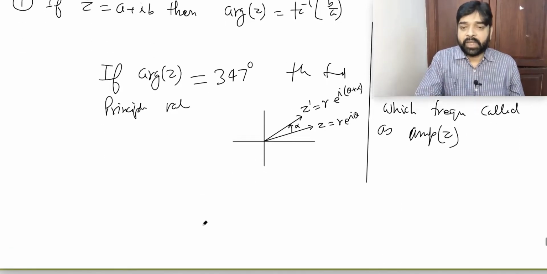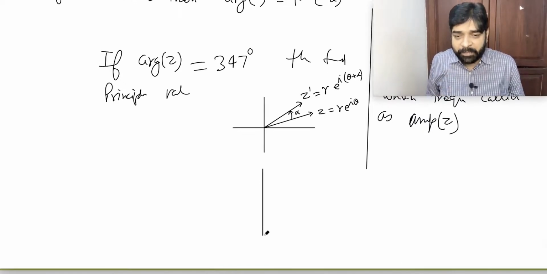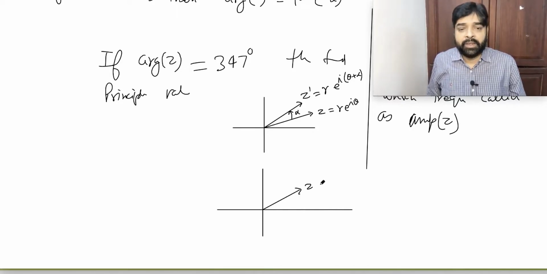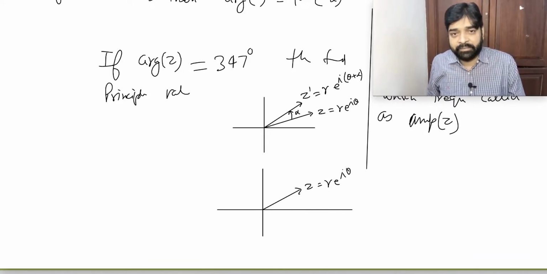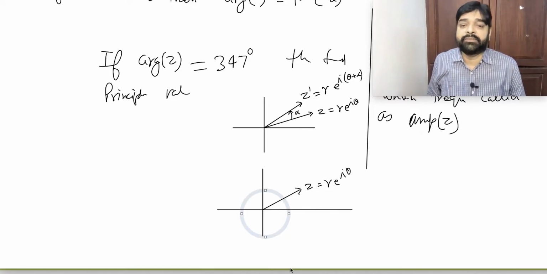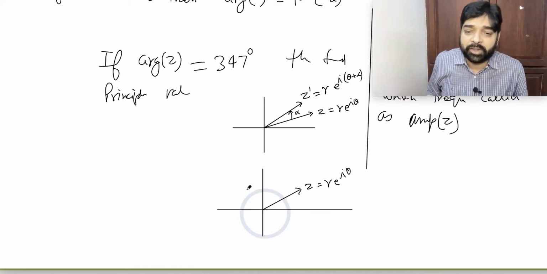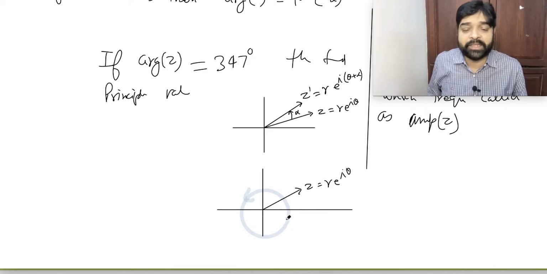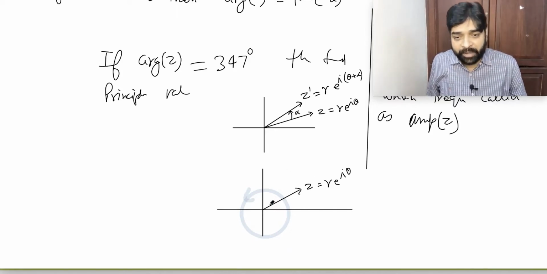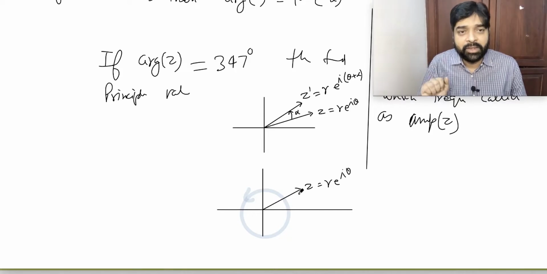Now, if I say any complex number is there, this is z, r into e power i theta. If I say rotate it by 360 degree in the clockwise direction, or by 360 degree in the anti-clockwise direction, I will get back the same thing, or not?